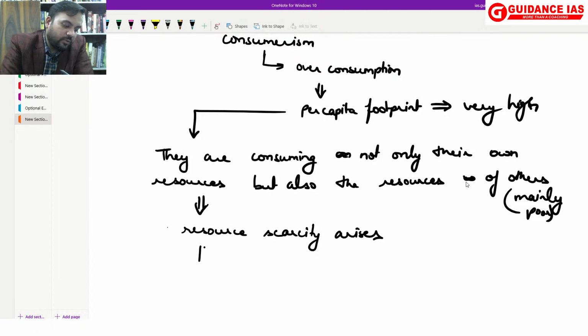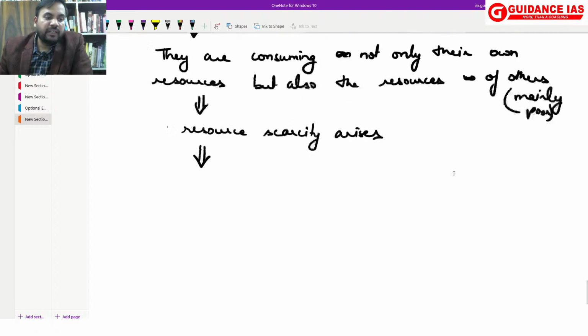So according to the Marxian viewpoint, the problem is not that of resource availability.